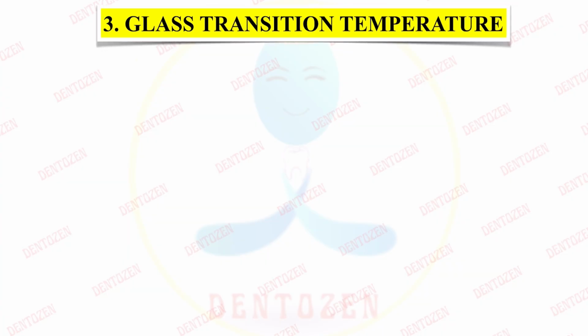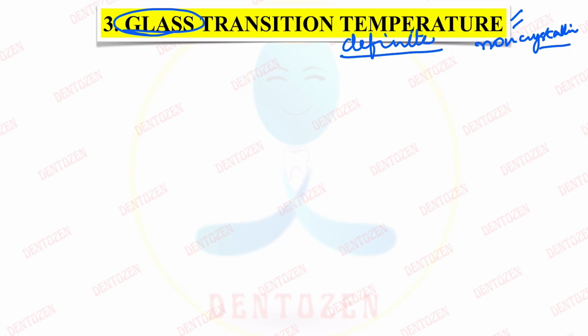Now, here comes the third important property, that is glass transition temperature. As the word says, it is for glass. Glass is a non-crystalline material, and it is very different from solid substances because it has no definite melting point, but it gradually softens with the increase in temperature.